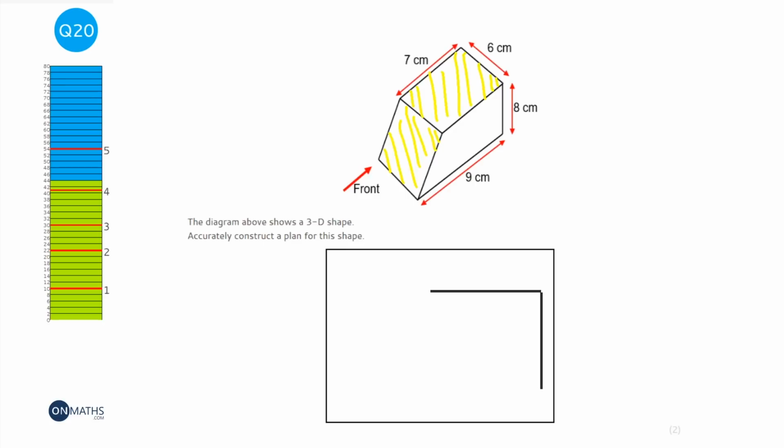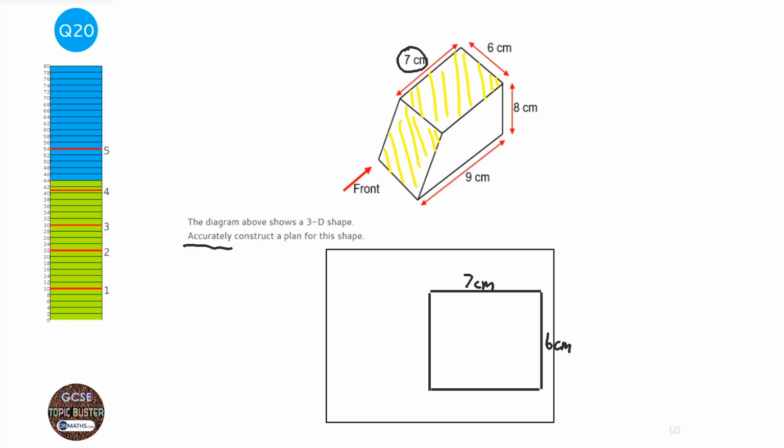But we can get it kind of right. And if I label it, that's going to be 7 centimetres, and that should be 6 centimetres. And in your exam, just make sure you actually measure them because they are said to you in here, and it does say accurately construct. So you want to make sure that it's done 7 centimetres and 6 centimetres.